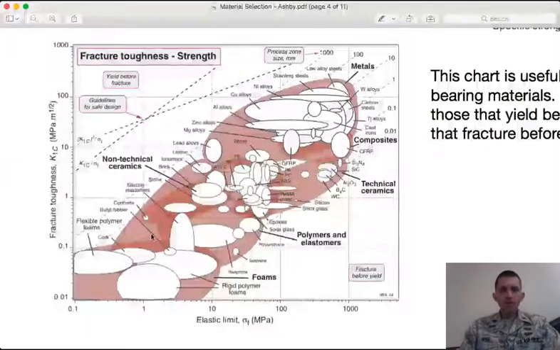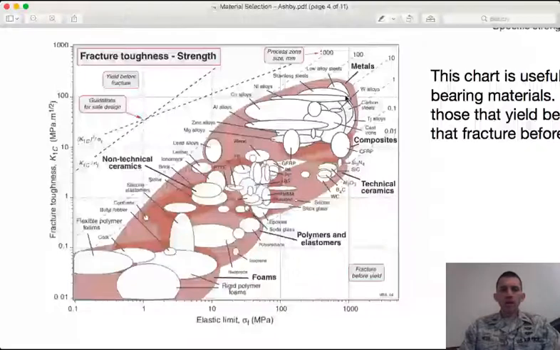What you have on here is all of the different major material classes, and then we're looking at the process zone size. So this would be analogous to the grain size, or the size of a crystalline region.